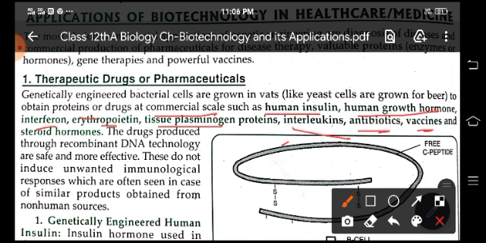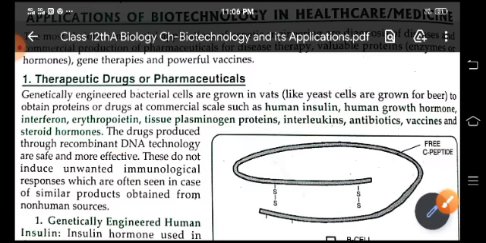Now, these are safe and effective, and they are produced through recombinant DNA technology. These do not induce unwanted immunological responses, which are sometimes seen in case of similar products obtained from non-human sources.